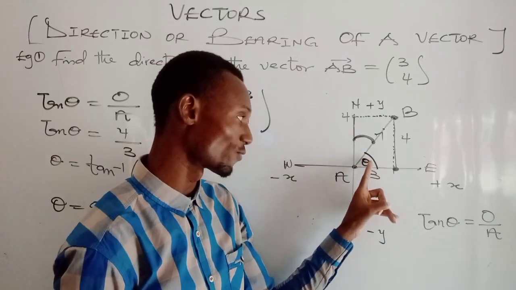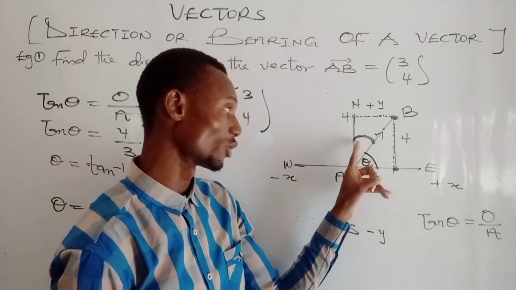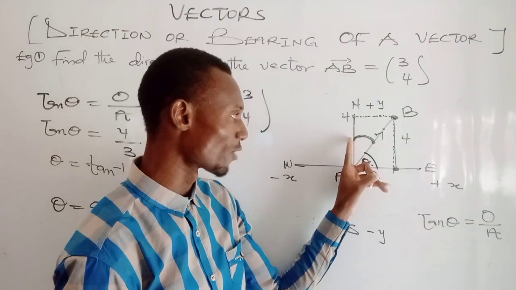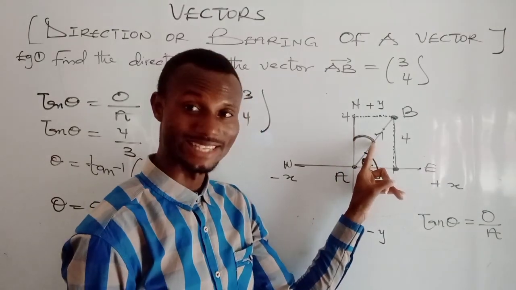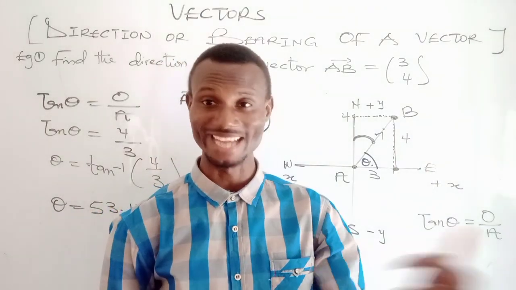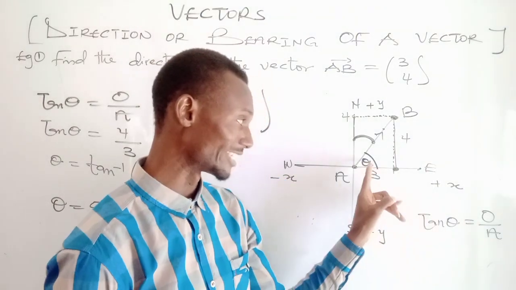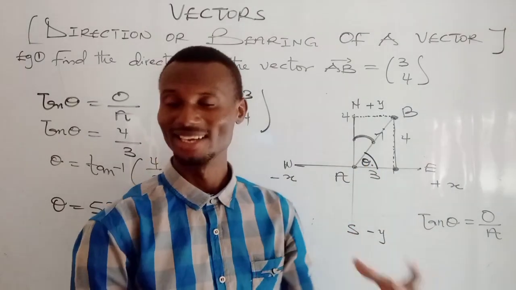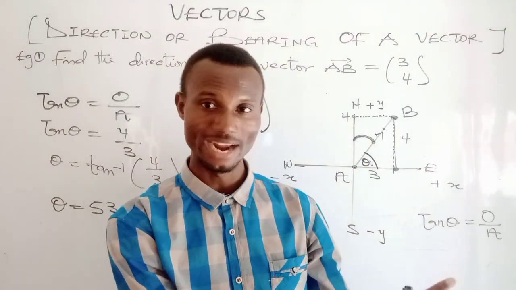That's why we needed to find the angle theta, so that it will help us find the angle which is here. Reading from the north up to the vector AB gives the actual direction of the vector AB. That's why it was necessary to find the angle theta, but that is not the actual direction.